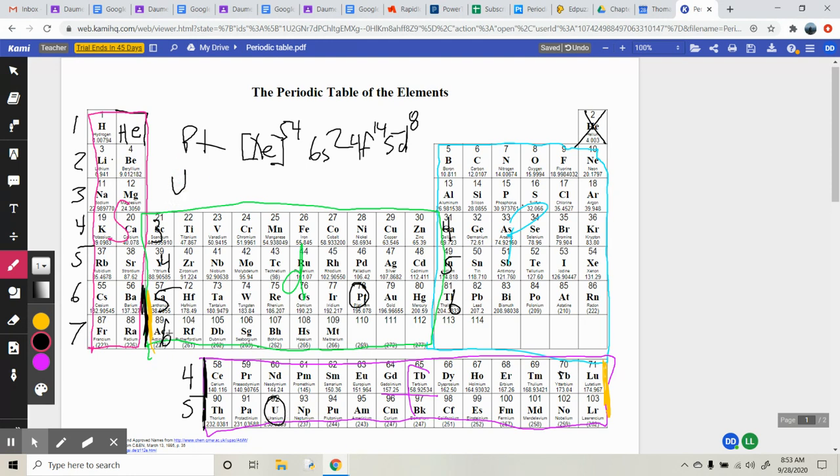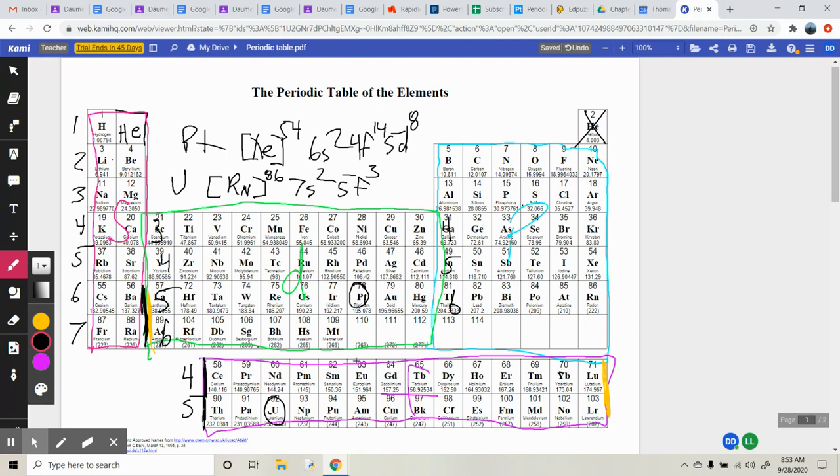So if uranium was down here, the noble gas that I would use would be radon with an 86 above it, right? So again, it's in here. I'm now starting at radon. So now I could just go 7s2 and 5f3.